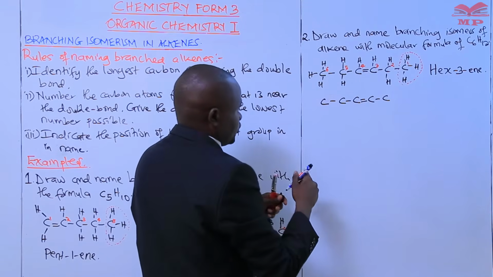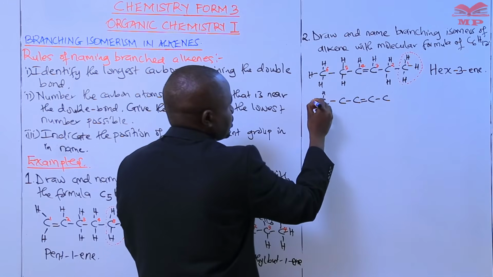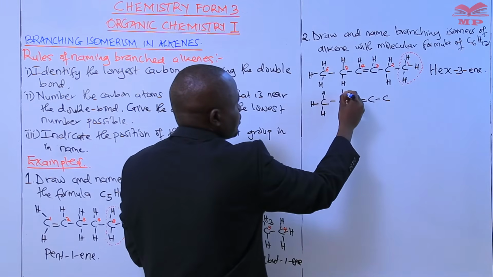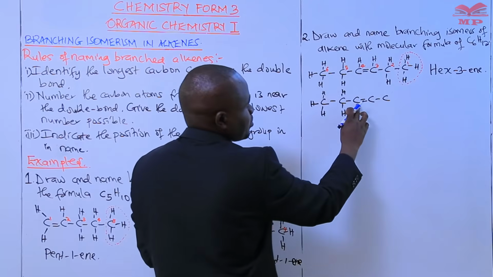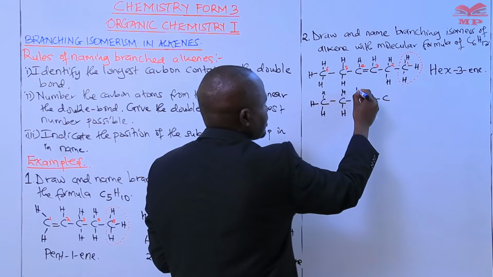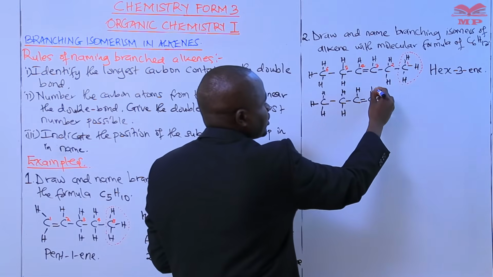And then you fix the hydrogen atoms. This is hydrogen, these ones, hydrogen, hydrogen. Then these 2, we have hydrogen, then we have hydrogen. And then remember, each carbon should have a total of 4 bonds. So this is hydrogen. I'm adding 1 here, also add 1.